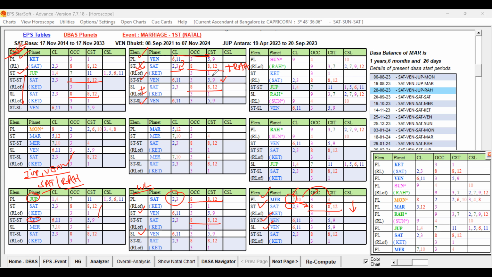That is good only, but if you see, many unfavorable obstacle causing houses are there at the star level and sub-level, but Venus is the planet which is getting the influence from the Jupiter, right? And Saturn is the planet which is getting the influence from the Rahu.